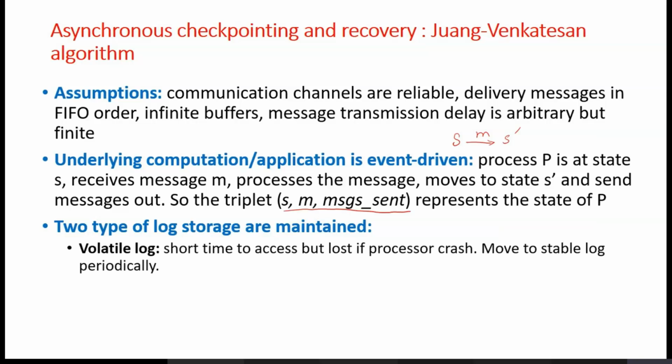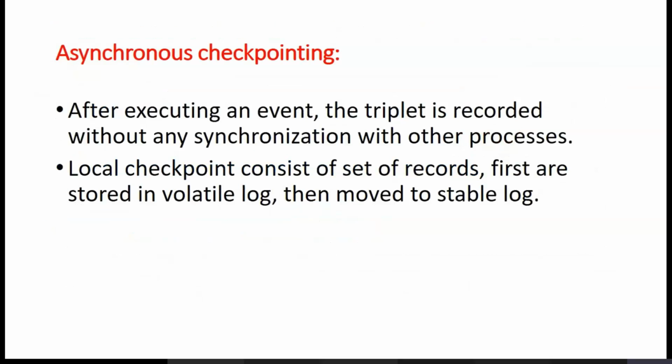One is the volatile log. Volatile means it will vanish after some time: it is quick to access, but lost if the processor crashes, and it is moved to the stable log periodically. It is a temporary log. And there is also a stable log, which is kept for a longer time, even if the processor crashes.